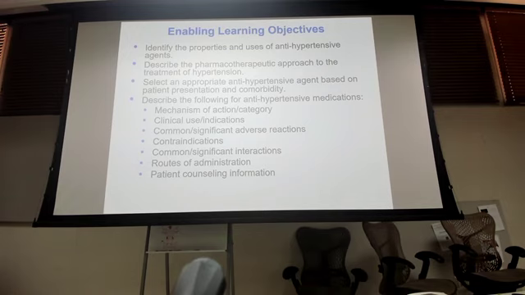There's actually physiological changes that happen in the body if you take certain medications that we'll discuss that provide benefits in the disease process, i.e. preventing organ damage or preventing progression of disease processes. And we'll hit those pretty hard. Third, big one, right? Select an agent based on patient presentation and comorbidities.